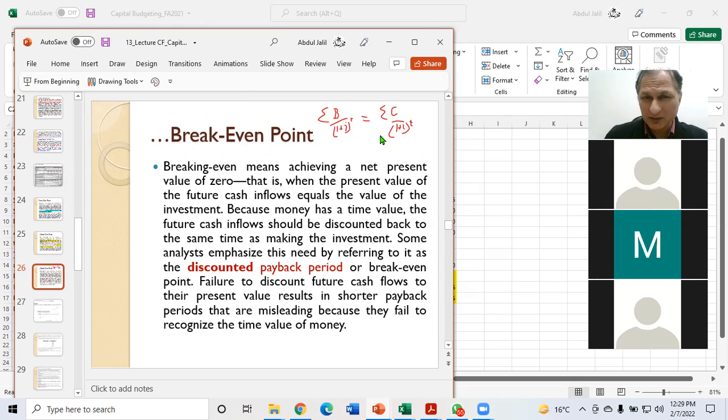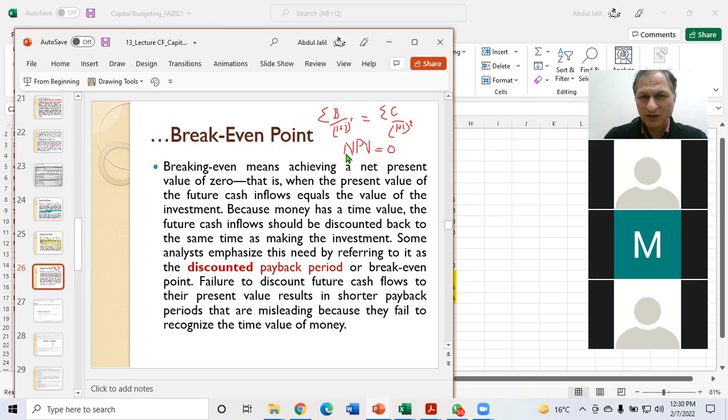So automatically it means the purpose of this equality is showing that NPV, at present value, is equal to what? 0, right?